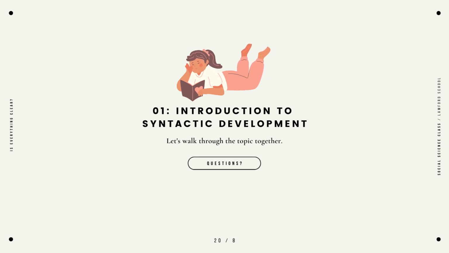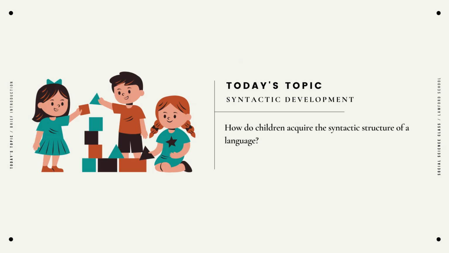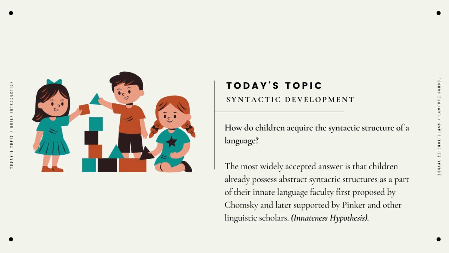After all, adults only speak in concrete and particular words and expressions instead of abstract syntactic categories and schemas, which begs this big question. How do children acquire the syntactic structure of a language? Let's find out. The answer to this question might already be familiar to you.